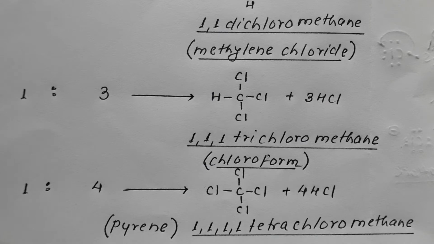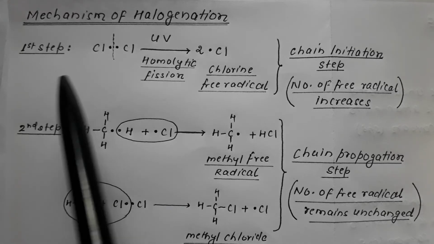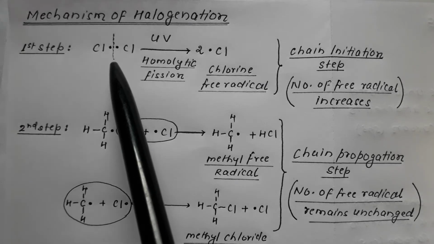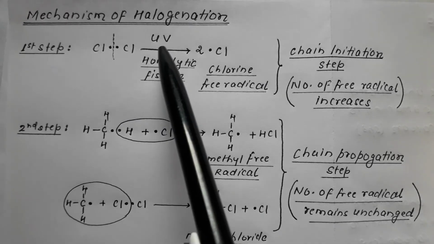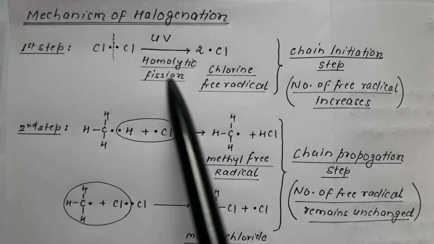Let us deal with the mechanism of this reaction. Remember that halogenation of alkane is a multi-step process. What happens in the first step? In the first step, the molecule of chlorine in presence of UV radiation undergoes homolytic fission.